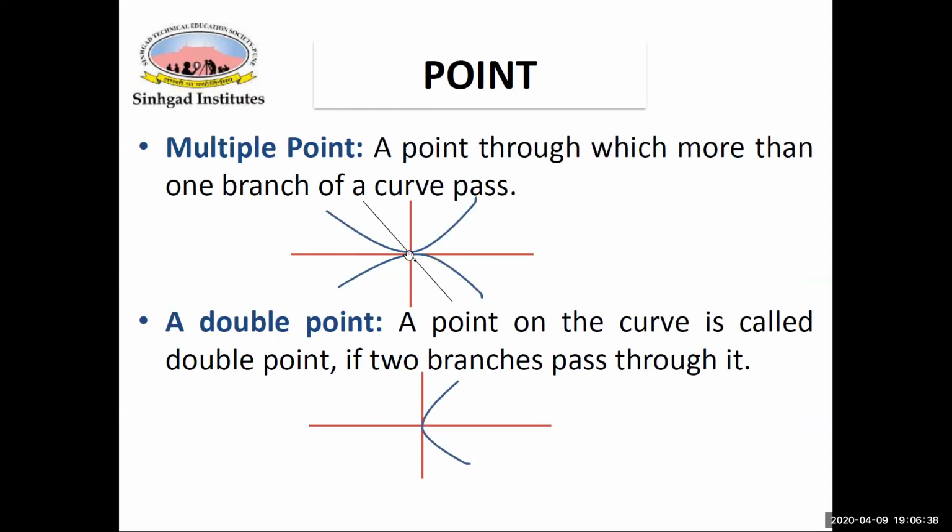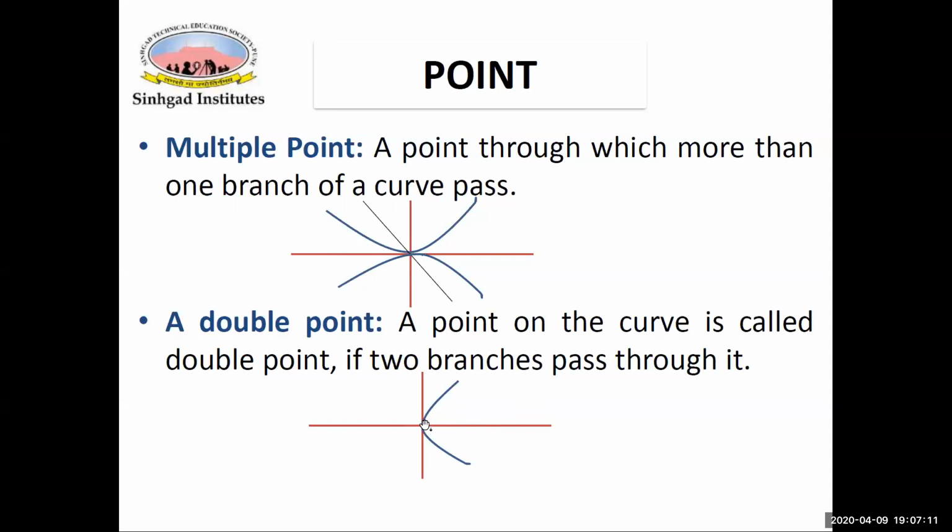Multiple branches are going outside of this point and hence we call it a multiple point. Whereas in figure 2, only one curve is going outside of the origin, which has 2 branches. So exactly 2 branches are going outside, and we call it a double point. Double point has a lot of importance in curve tracing.